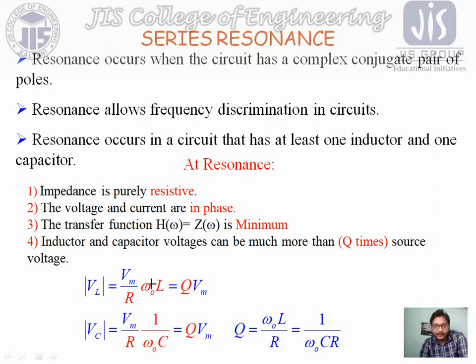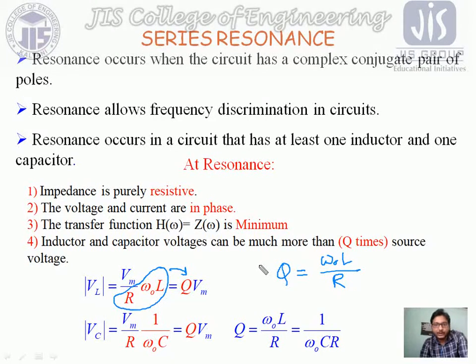This factor is omega L divided by R, and we consider this omega L by R as Q, which is called the quality factor. So we can say Q is equal to omega 0 L divided by R. This is one formula for the quality factor.